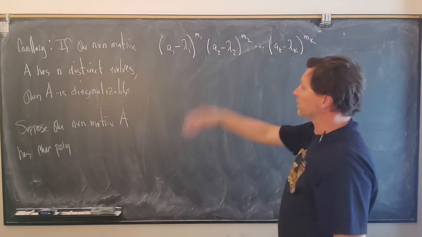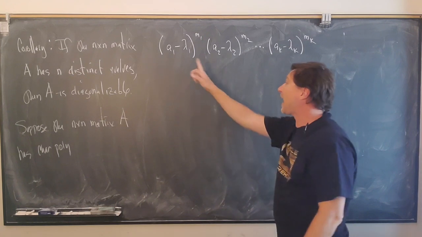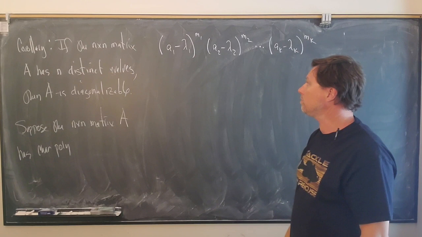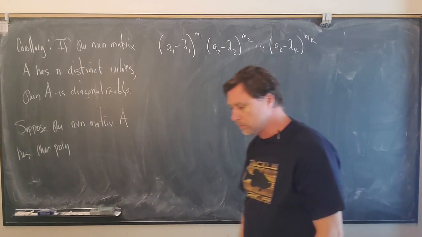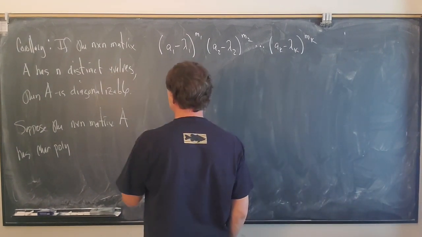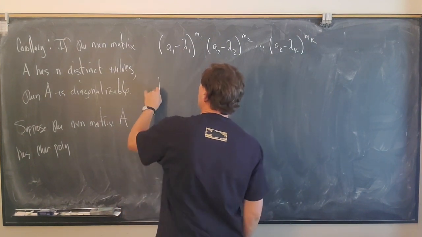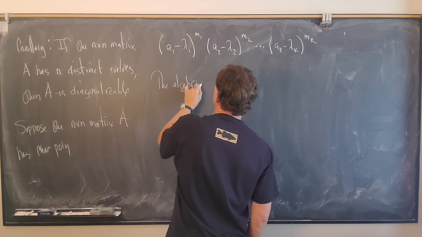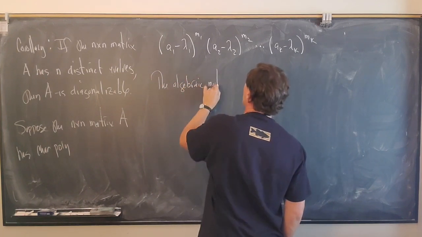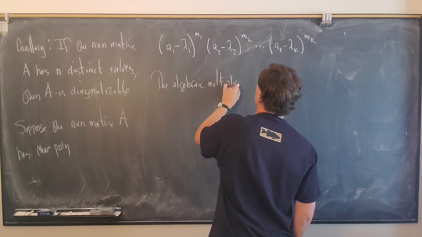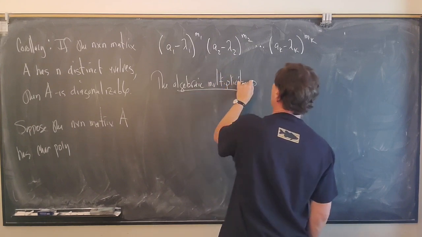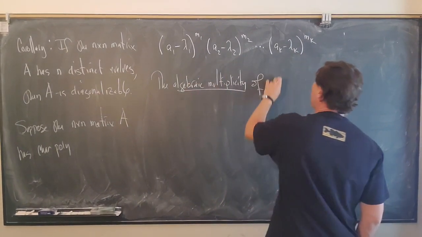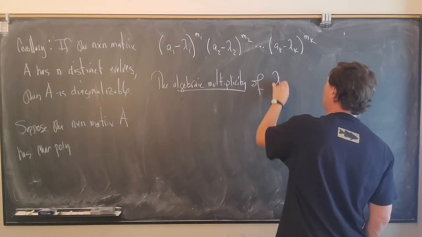All right, so here's our characteristic polynomial. We have k distinct eigenvalues. Now, there's two definitions here. So the algebraic multiplicity of the eigenvalue lambda i equal to a sub i.